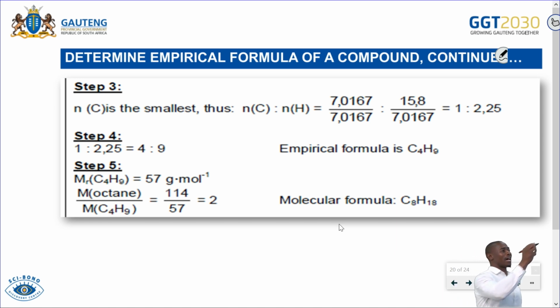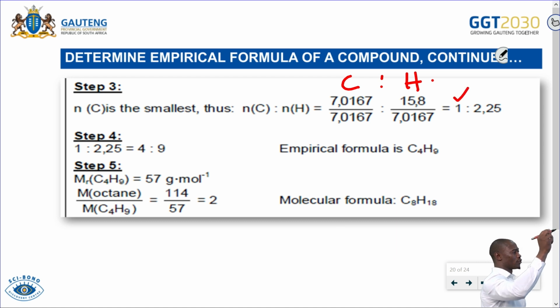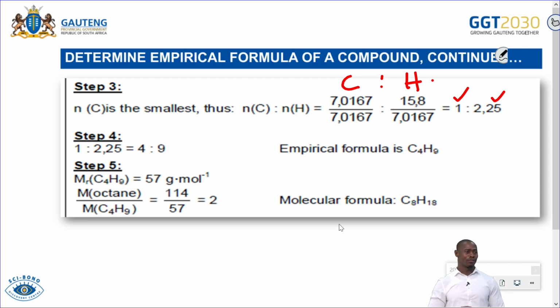Then that is our carbon, and then this is our hydrogen. Okay? Then for hydrogen, the number of moles that we got was 15.8, and we divide that by the smallest number of moles. Then the ratio here is 1 is to 2.25, all right? So the ratio there is 1 is to 2.25, right?